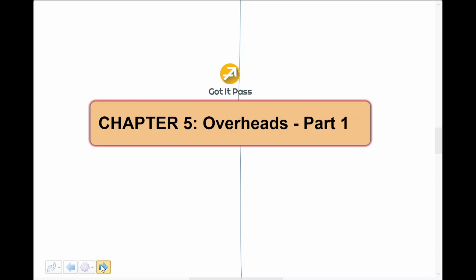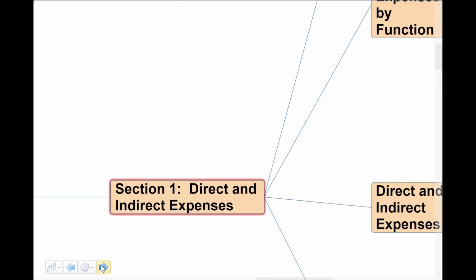We're talking about overheads. Now, I think you'll be familiar with that word. Let's split that into several different parts, starting with section 1, direct and indirect expenses. If you do have MA experience, this may be very straightforward, so do bear with me.